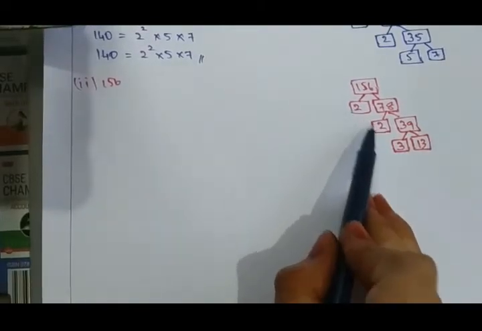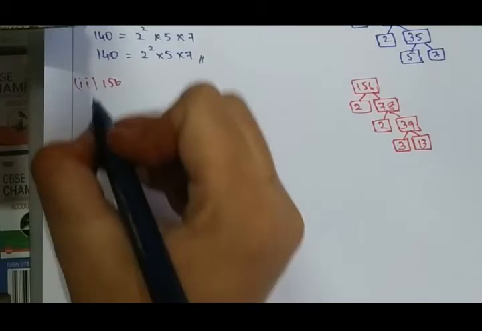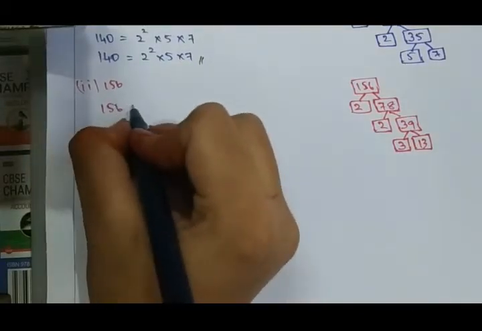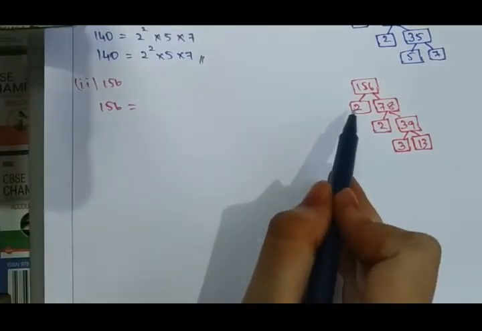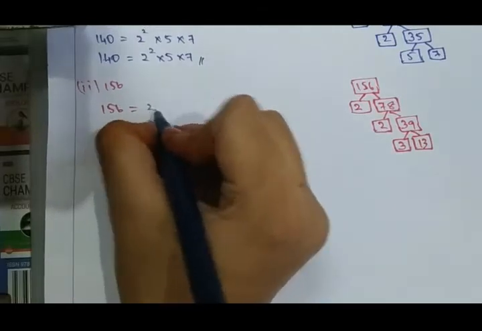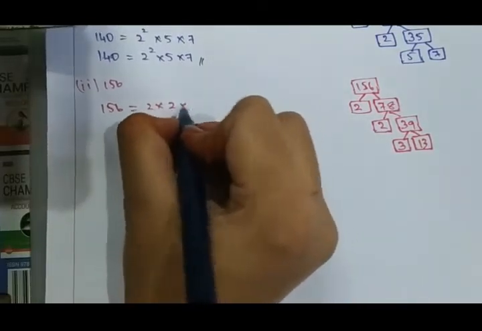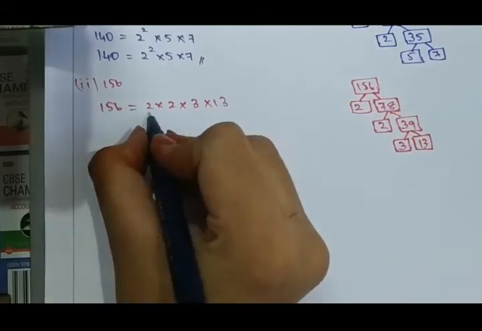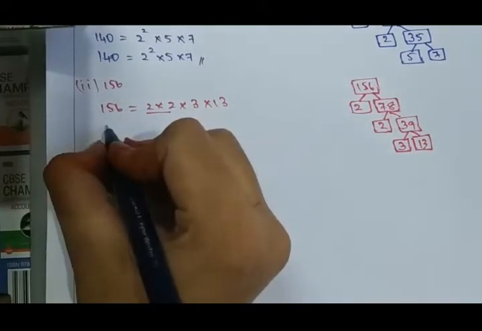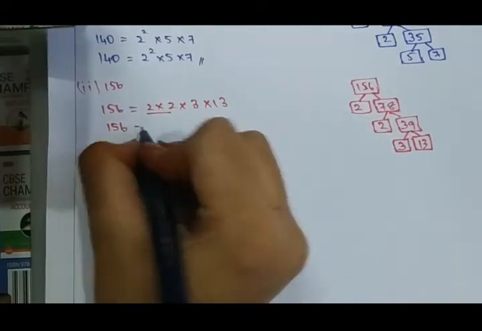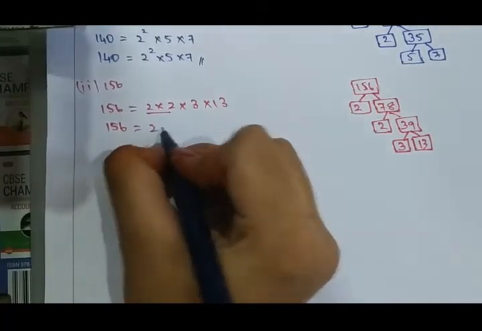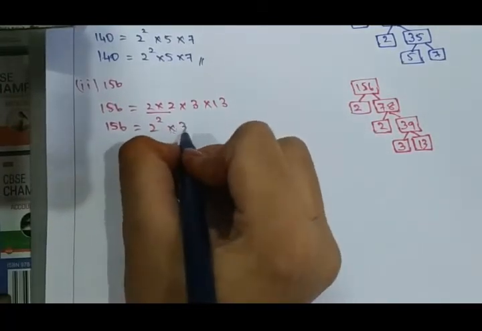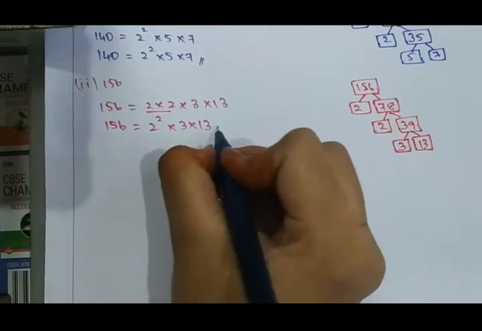Now we get it in the form of prime factors. So we can write this 156 as, in ascending order, 2 into 2 into 3 into 13. So just group the same prime factors. So 156 is equal to 2 square into 3 into 13.